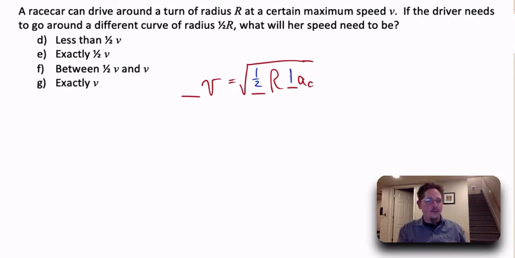Now again, that acceleration is the same because we want to keep the same force. All right, well, I have square root of 1/2 times square root of 1, and when I put this in my calculator, we get about 0.709. In other words, our new velocity will be about 0.709 times the original.